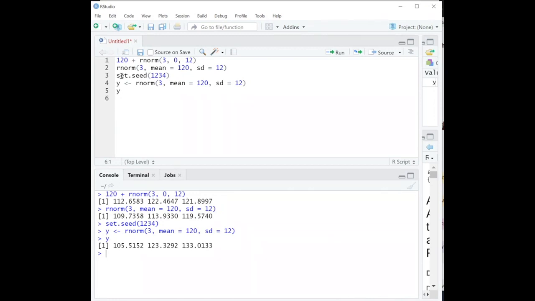I find 3 different concentration values, which are 105, 123, and 133. So 3 different values. They are around 120, of course. The problem now is, if I ask you, what is the mean of the population?